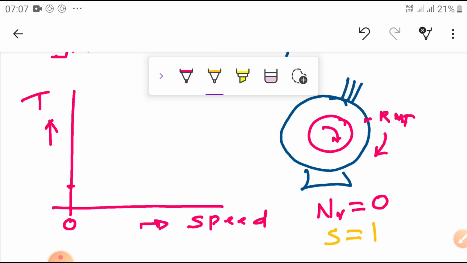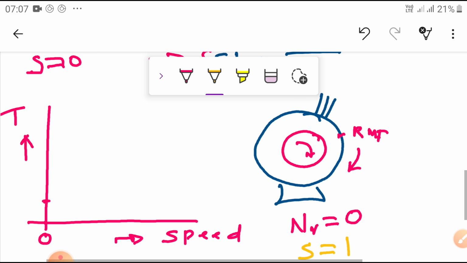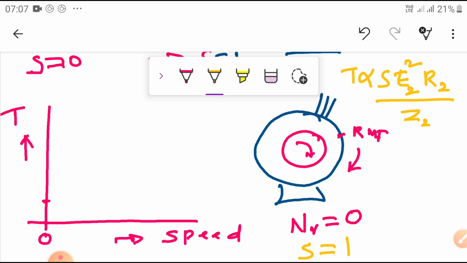What is the equation? The torque T is directly proportional to the slip and the voltage induced in the rotor whole square and rotor resistance, divided by Z, that is Z2 equal to R2 whole square plus Sx2 whole square, for example.